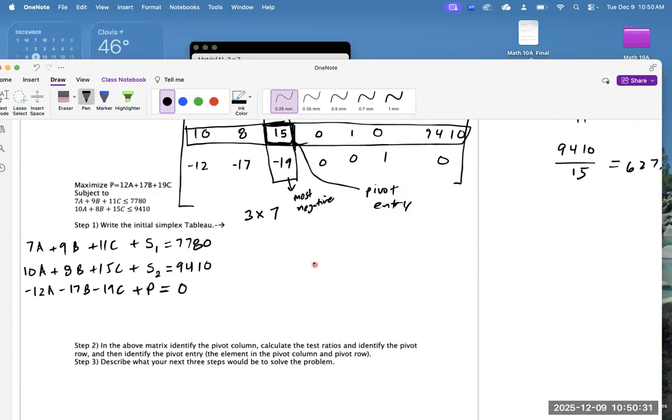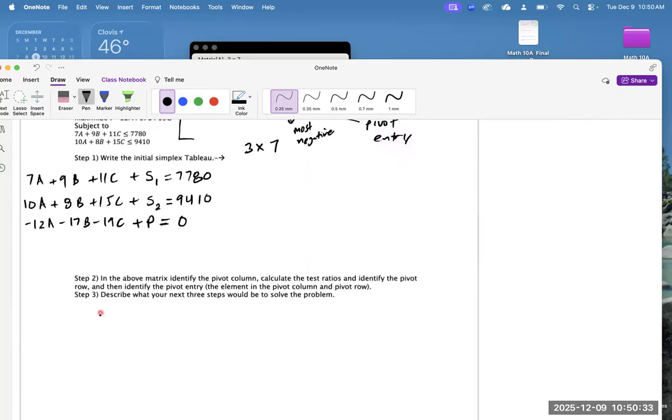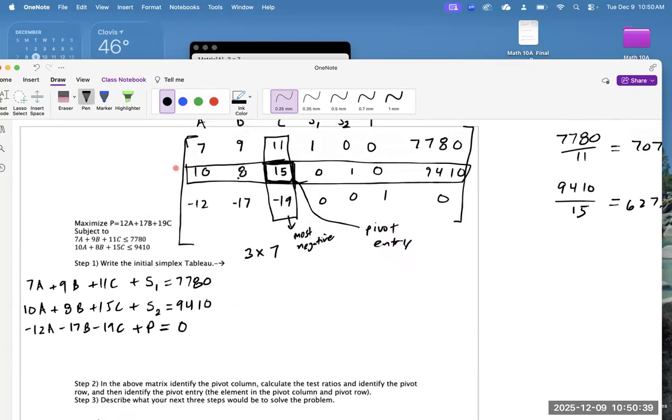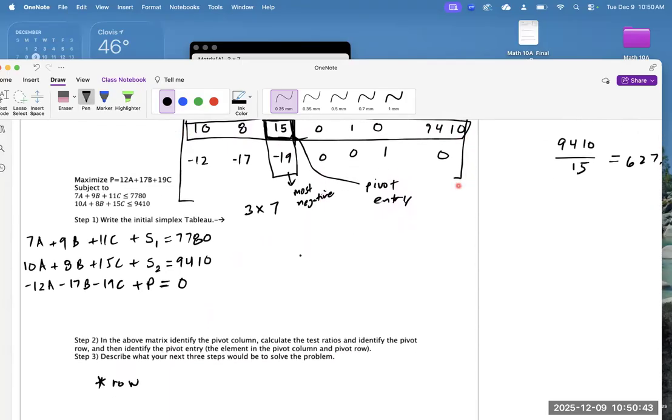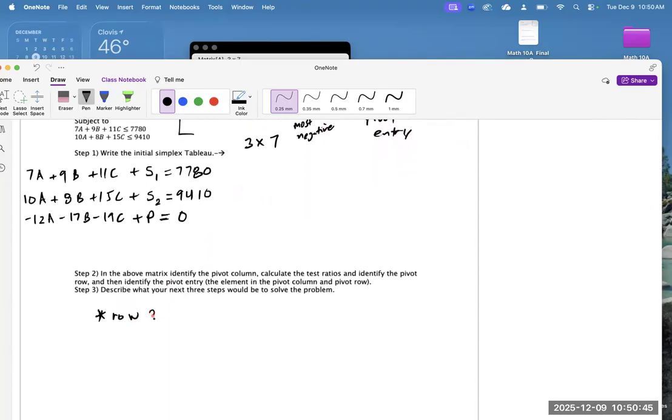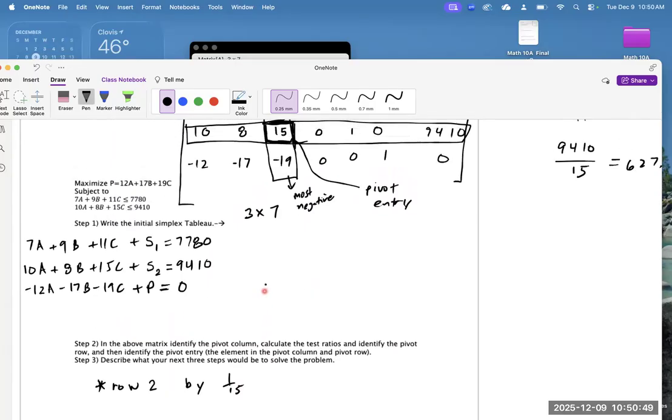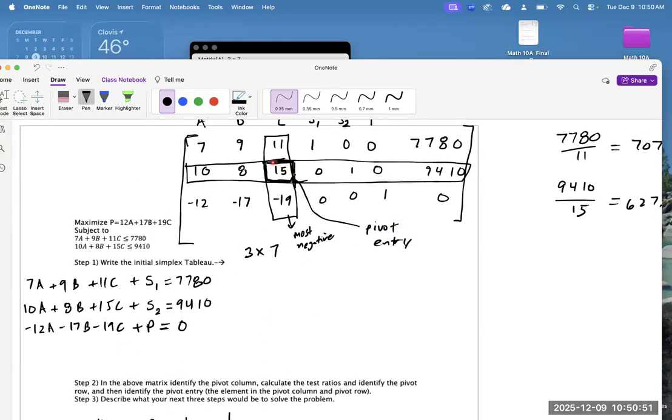So my next 3 steps would be: I would multiply row 2, because look at row 2 here, by 1 over 15. That's because I want to make that equal to 1, and 15 times 1 over 15 would be 1.